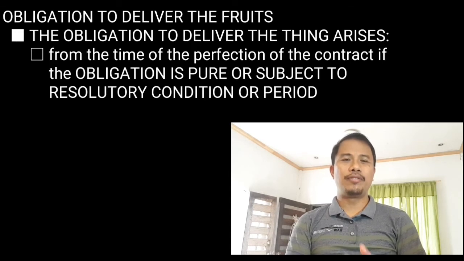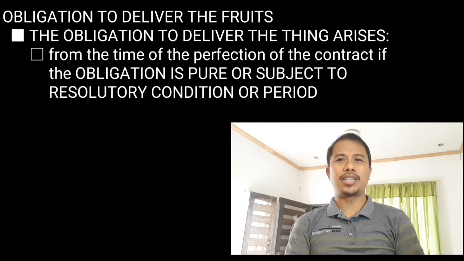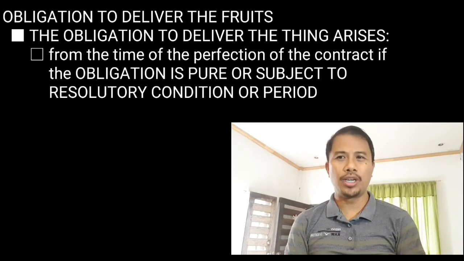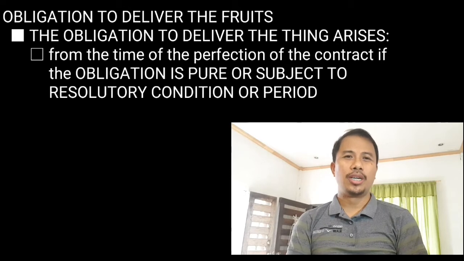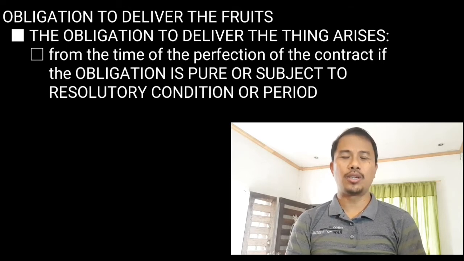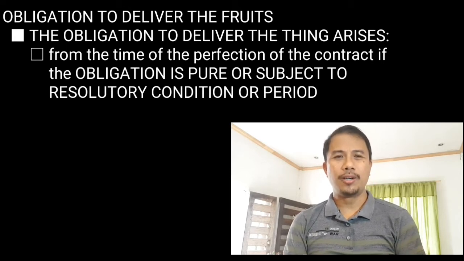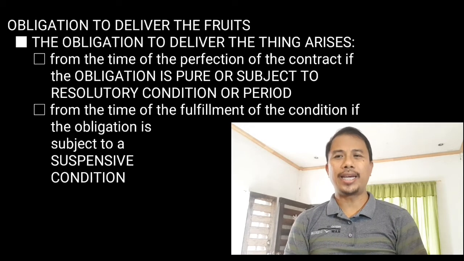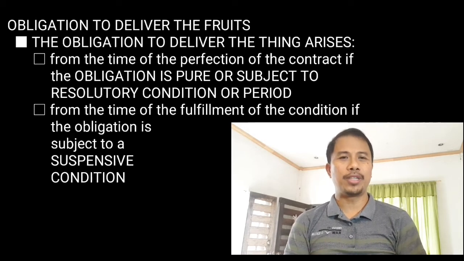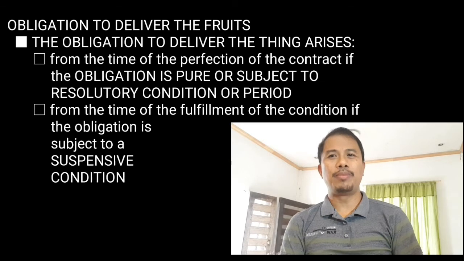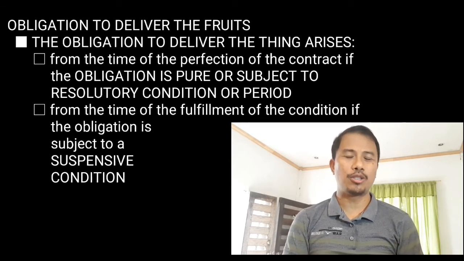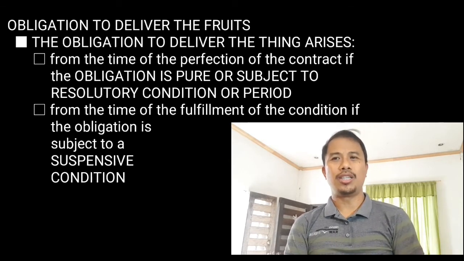The obligation to deliver will arise from the time of the perfection of the contract if the obligation is pure or subject to a resolutory condition or period. Second, from the time of the fulfillment of the condition if the obligation is subject to a suspensive condition.